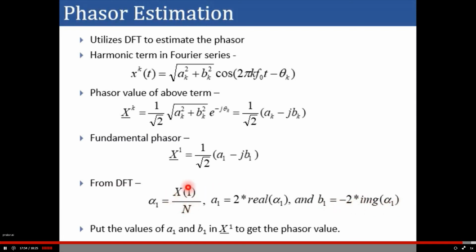So when we calculate the discrete Fourier transform, the component which corresponds to X(1), and we divide by capital N, we get the value of alpha 1, and based on that we can deconstruct the fundamental phasor, and when we put these values we get the phasor value.